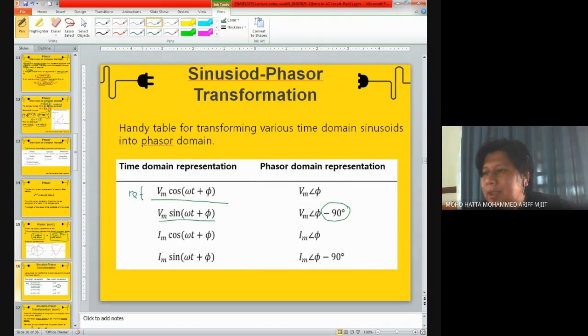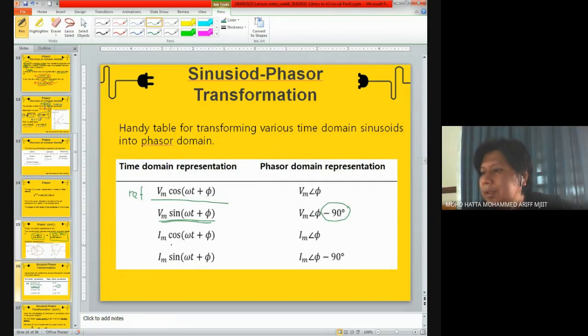Basically, you can set your reference as cos or sine. However, in this table, cos has been set as the reference. So the voltage written in cos sinusoid over here is our reference. If you want to write it as a sine waveform, you need to add negative 90, or subtract 90 degrees.